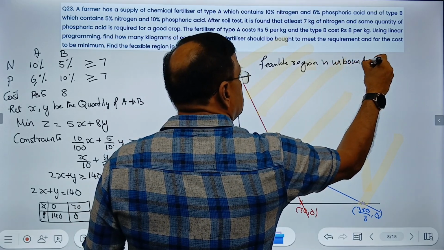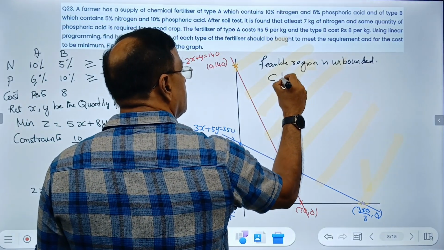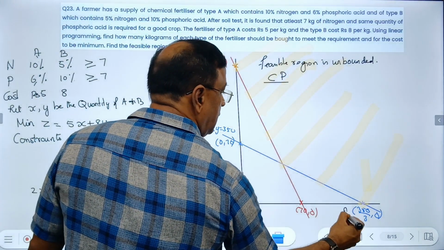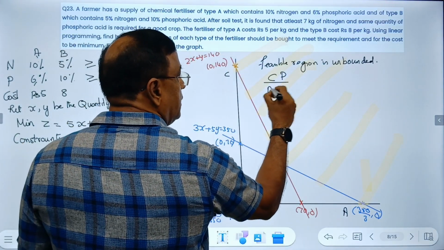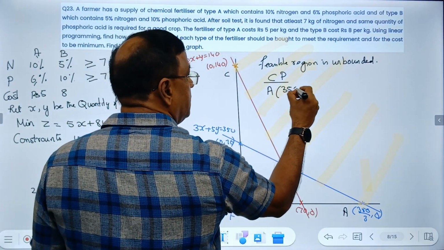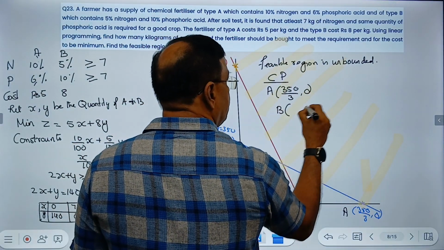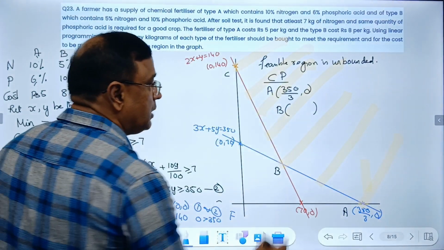Once you get that the feasible region is unbounded, what will you do? You will find the corner points. So what are the corner points? Corner points are A, B and C. A is 350 by 3, 0. B, which I have already found, is 50, 40.